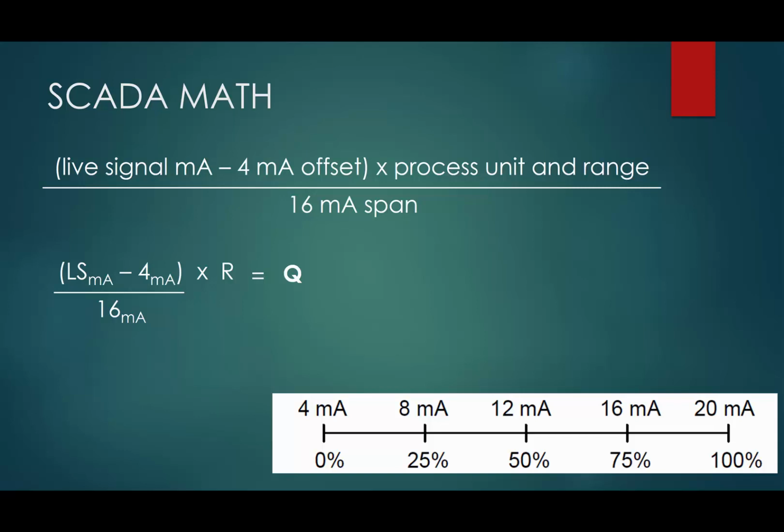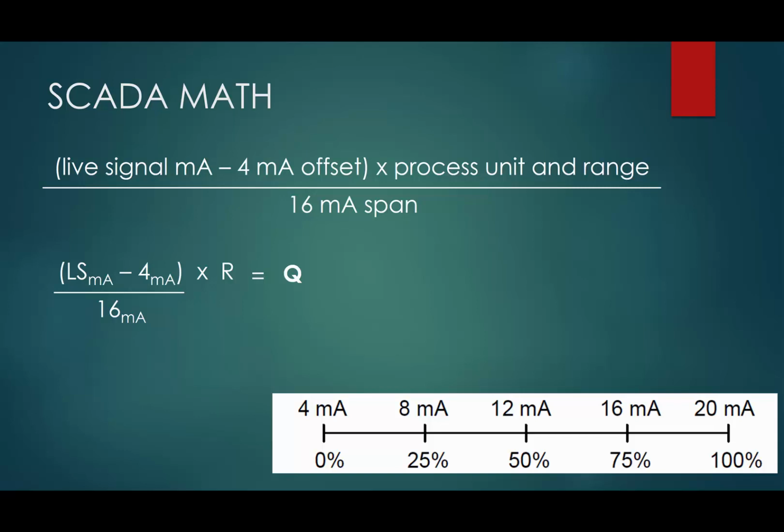You're 0% of what it can measure. If you're all the way at the top of that range at 100 psi, you'd be at 20 milliamps or 100%. So as you move through your span of live signals from 4 to 20, whatever percentage of that total span you've moved, the value that you're measuring has moved the equivalent percentage through its range.